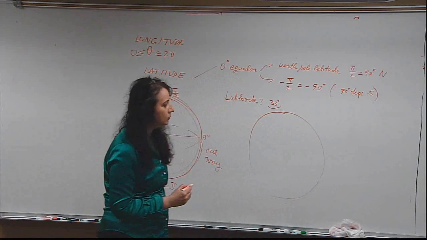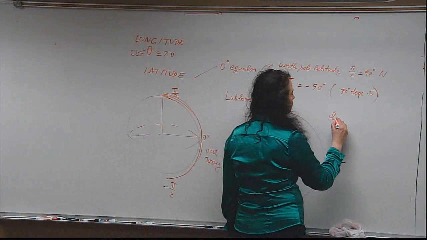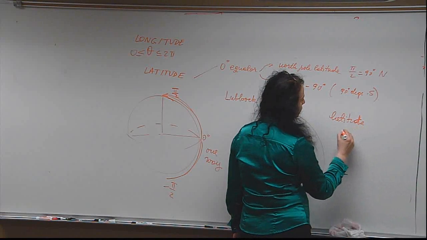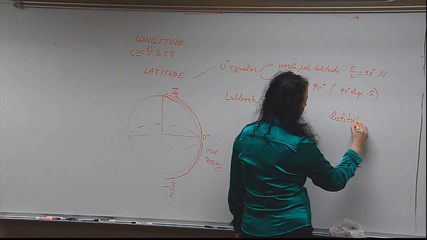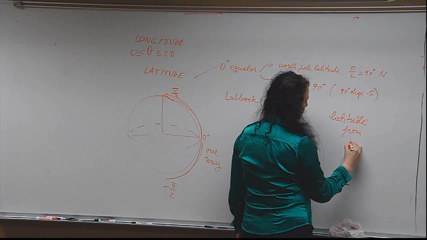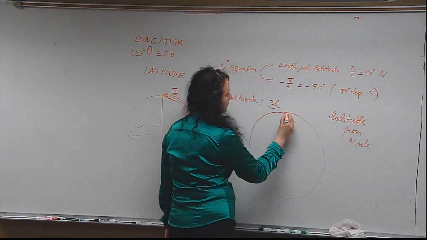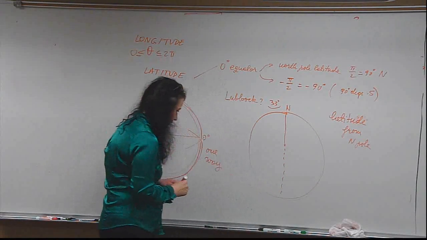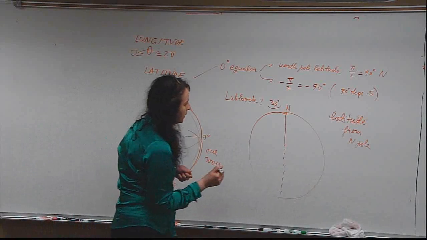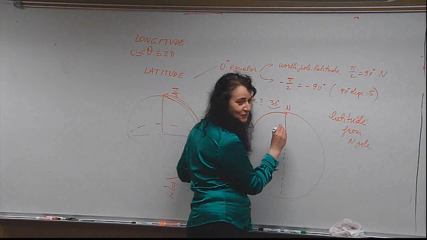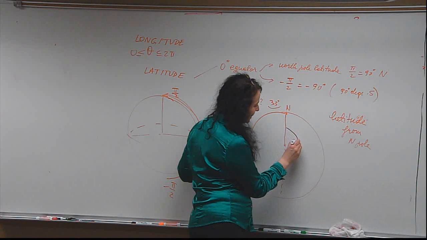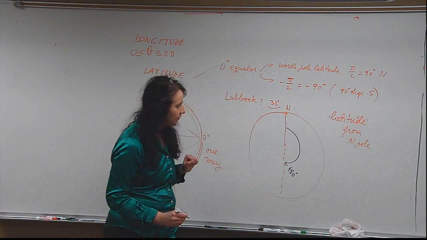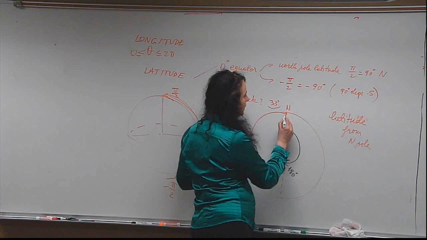So we have another way of defining latitude. We say latitude from the North Pole. So we measure like this. Look at me, you're going to be amused because you'll think that we are crazy, which is true. But this is already accepted as a notation. So we go like that all the way to 180.